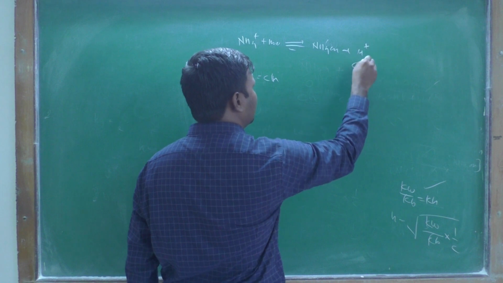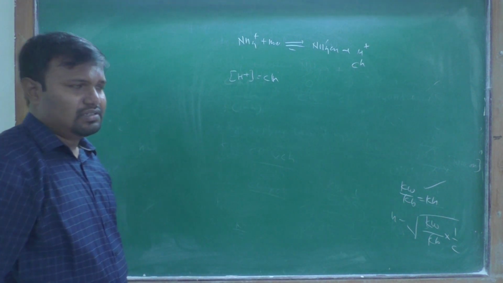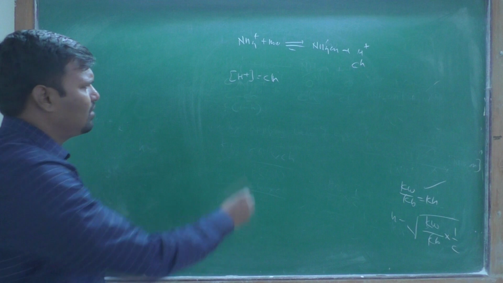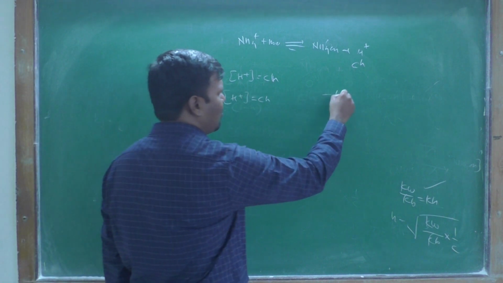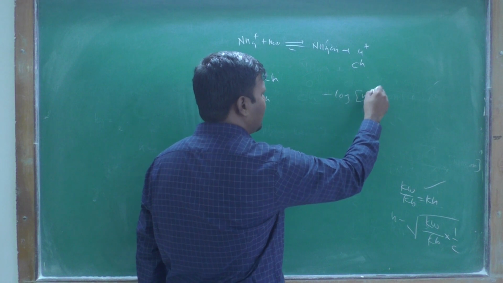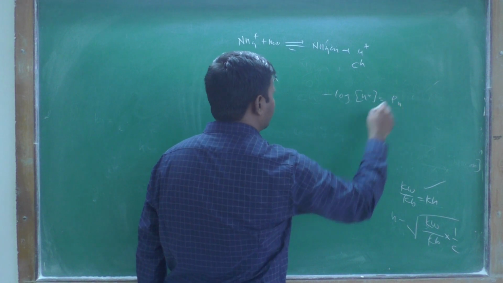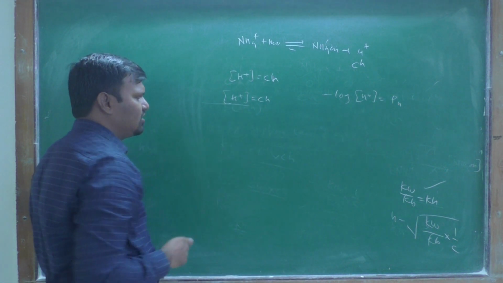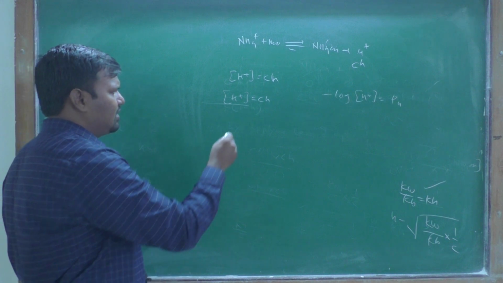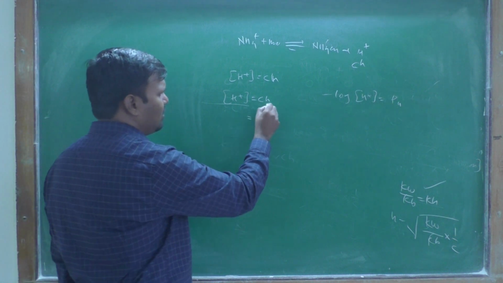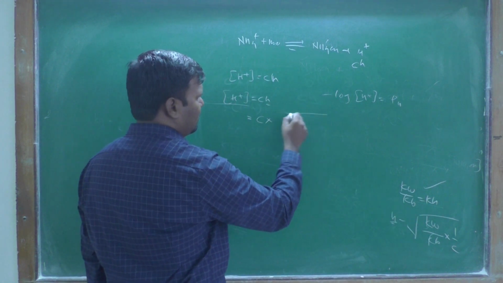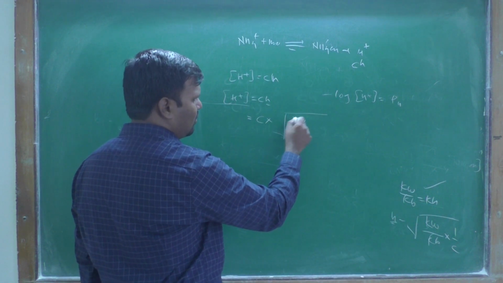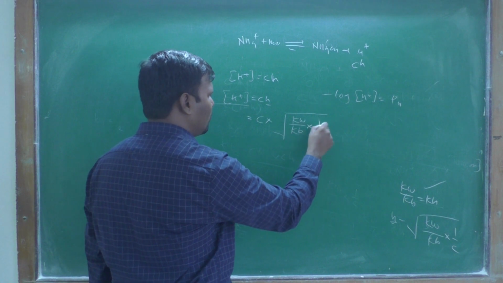It directly gives the concentration of H plus as Ch. Therefore, minus log of H plus ions is nothing but the pH. Therefore, we have to convert H plus ions into minus log. Before that we have to put the h value. The h value we have known, h is equal to square root of Kw upon Kb into 1 upon C.